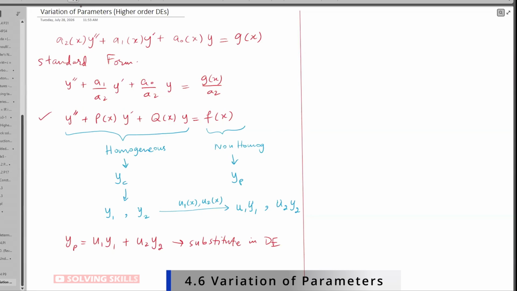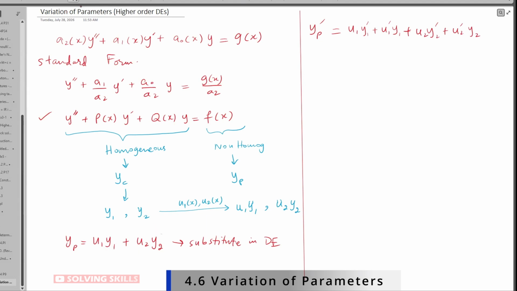So yp prime will be the derivative of all of this. So you're going to do yp prime equal to u1 y1 prime plus u1 prime y1 plus u2 y2 prime plus u2 prime y2.